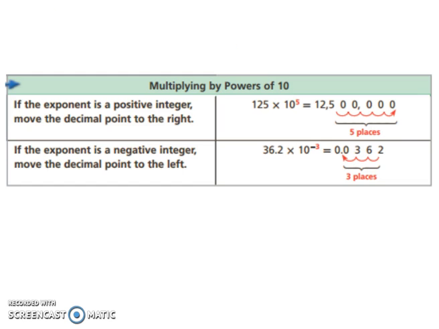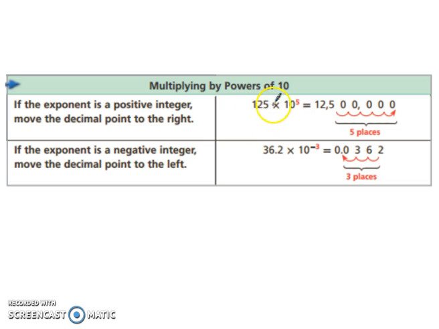You can also move the decimal point to find the product of any number and a power of 10. You start with the number instead of starting with 1. If the exponent is a positive integer, move the decimal point to the right. If the exponent is a negative integer, move the decimal point to the left.